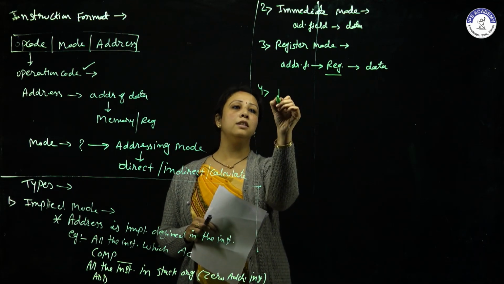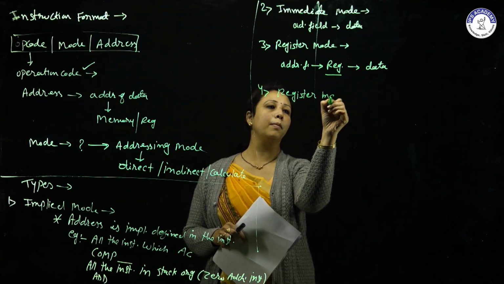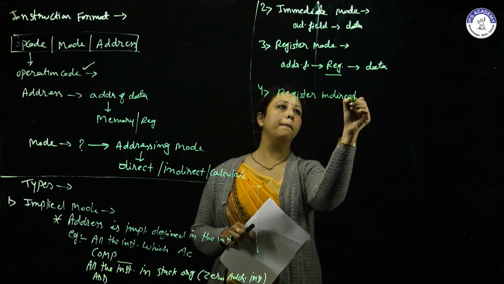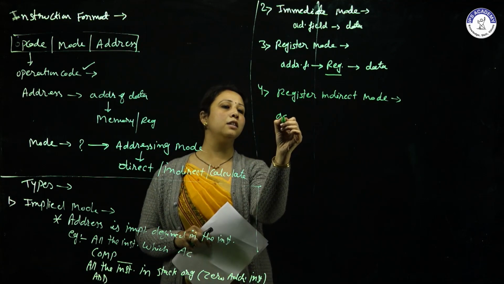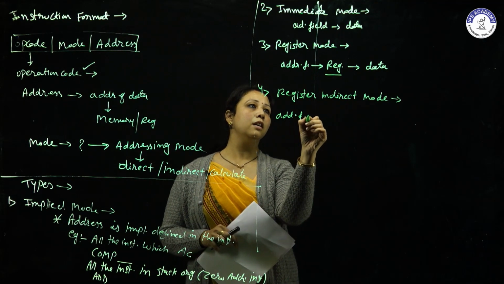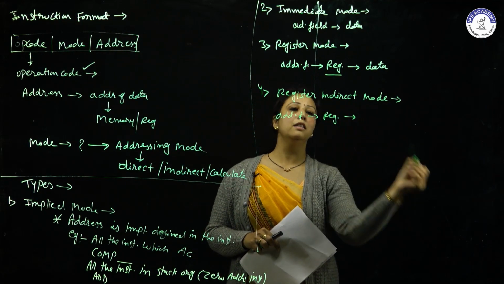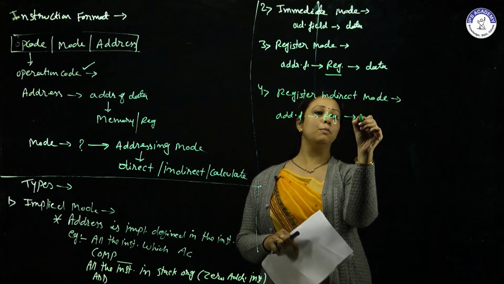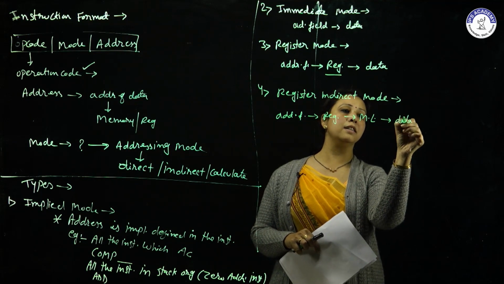Now the fourth is register indirect mode. Register indirect mode tells us the address field contains the address of a register. This processor register contains a memory location, and this memory location contains the data.